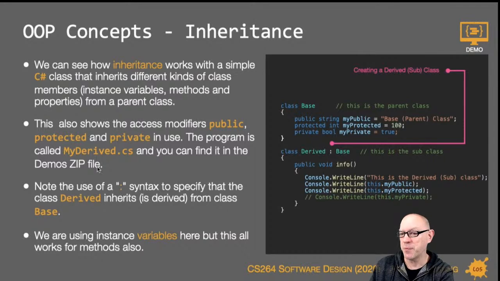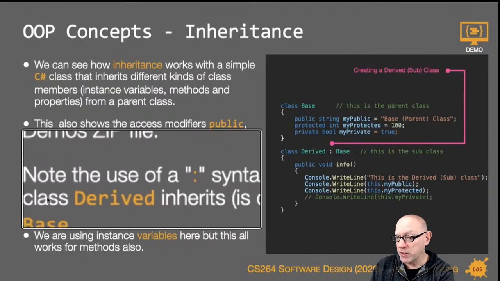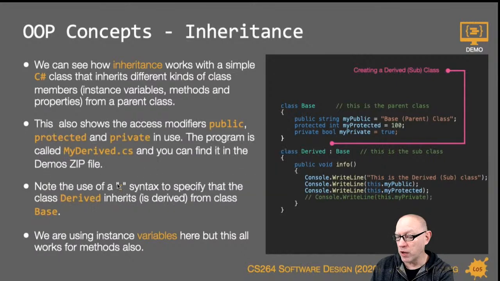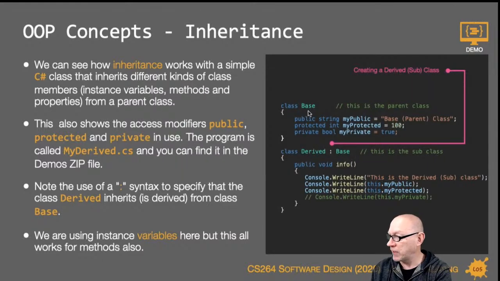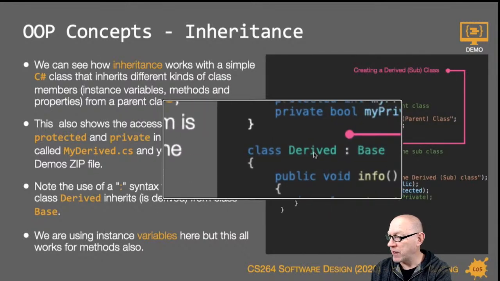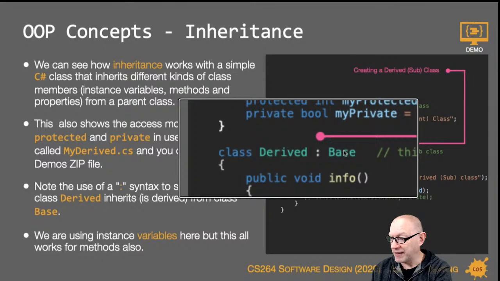In C# we use this colon syntax to specify that the derived class inherits from the base class. You could think of the base as the parent class if you wish, and then we have a derived class or subclass that inherits from base.